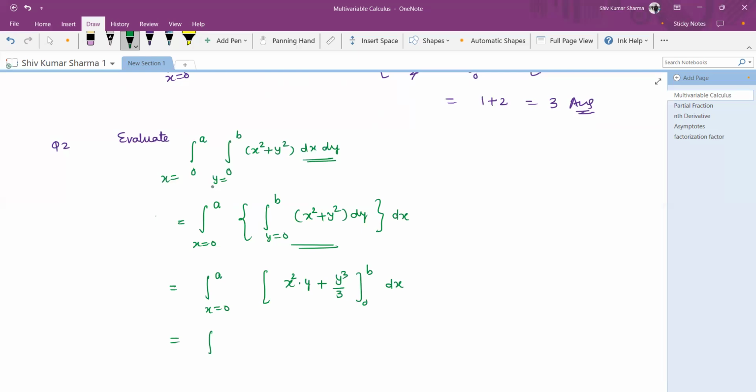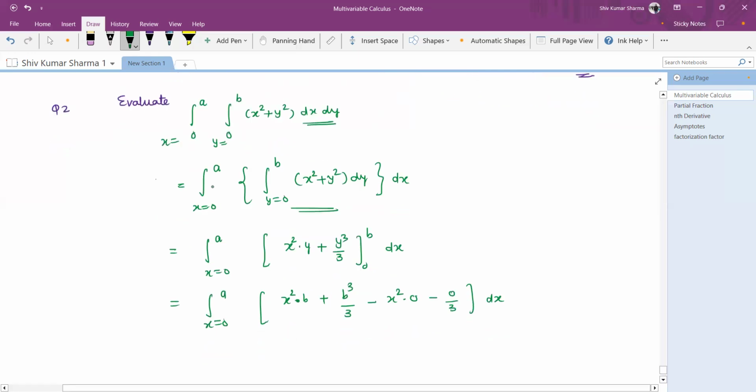So when we apply the limits, this can be written as x square into b plus b cube upon 3, minus when we apply the lower limit, 0 minus 0 upon 3, into dx.